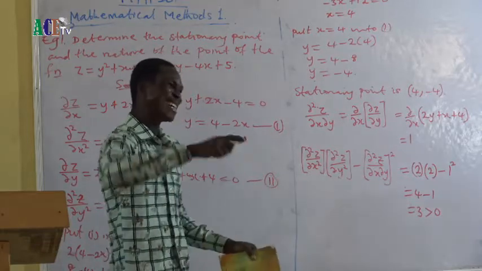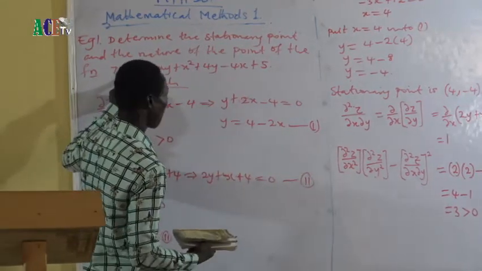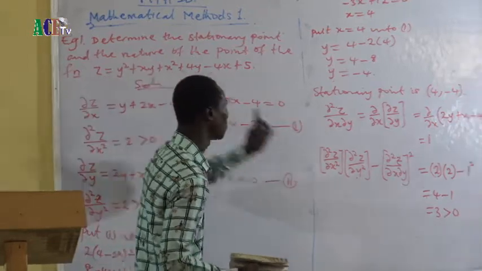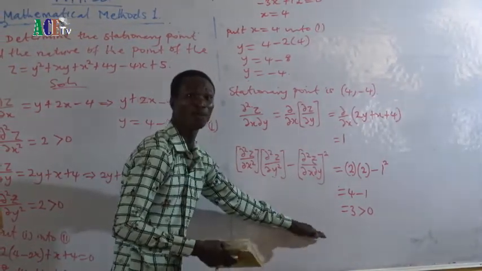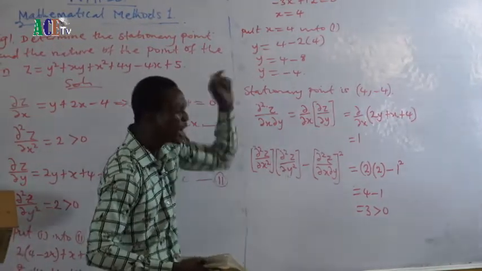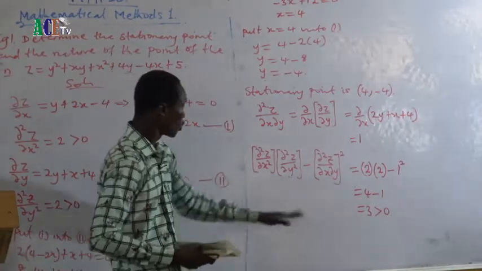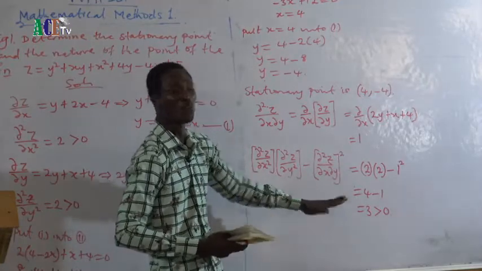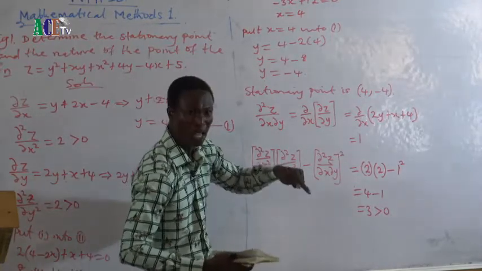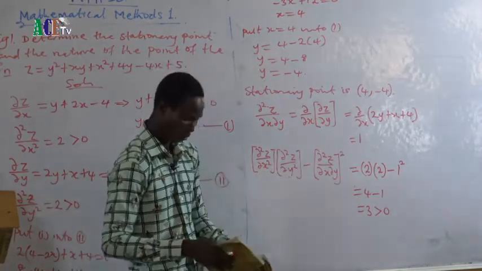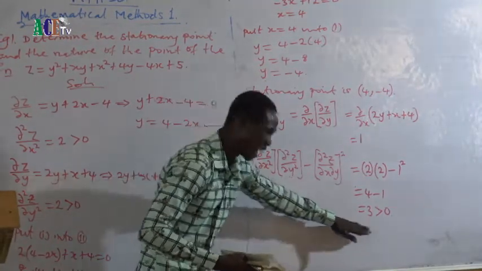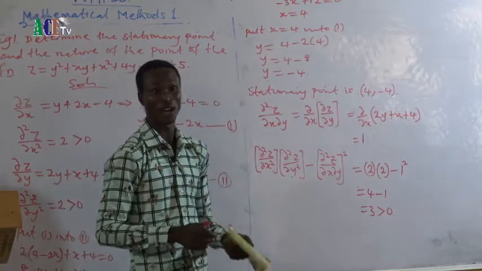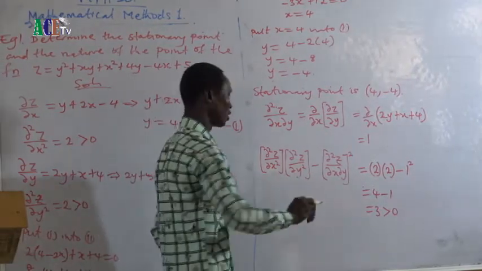It means the function here is at a minimum value. But what is the minimum value itself? I want to determine the minimum value before I write the conclusion, the final statement.